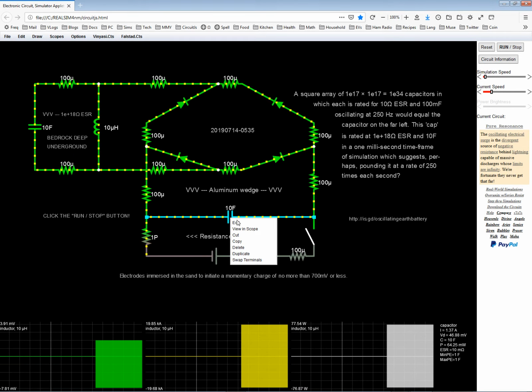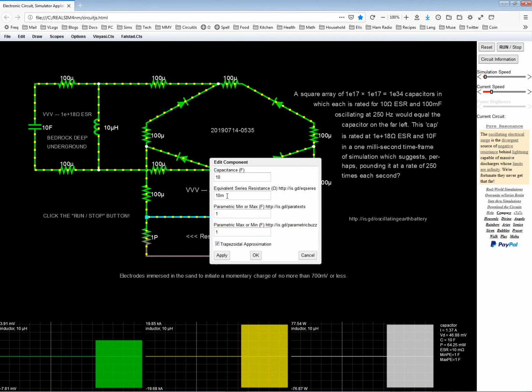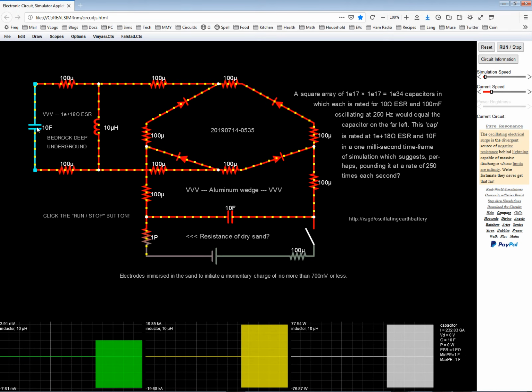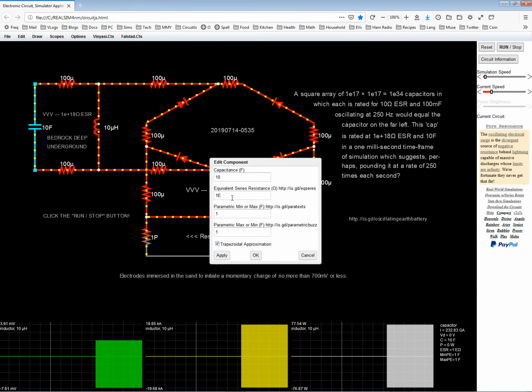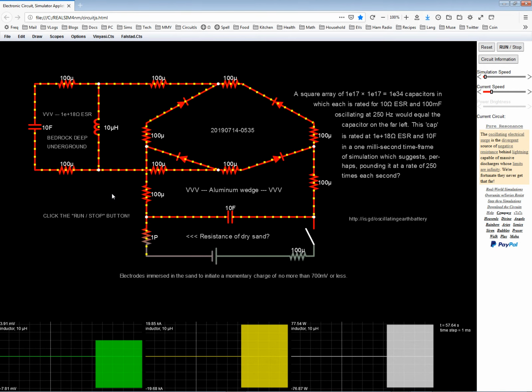Actually, down here, 10 milliohms, see? But I can change that to whatever value I want, large or small, and I chose to go 1E18, which is 1 followed by 18 zeros. That means this now is supplying current. And that might be why there's no voltage registering, because it wiped it out.